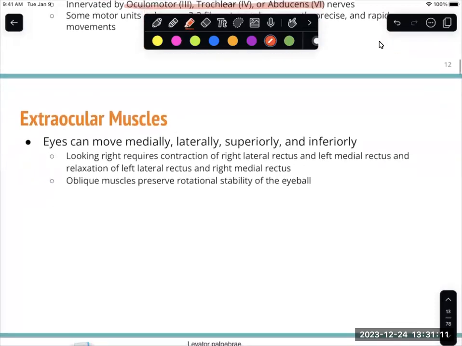So those 6 muscles allow you to look all kinds of directions. If you think about the last time you went to your eye doctor, one of the ways they check these 6 muscles to make sure they are working is they have you follow their finger, follow some sort of object around, moving your eyeballs around. This is allowing them to make sure these muscles are working correctly.